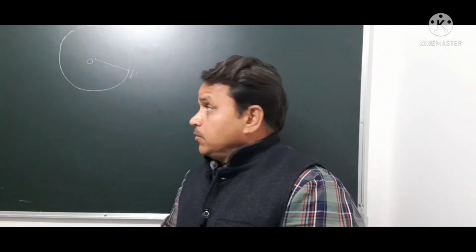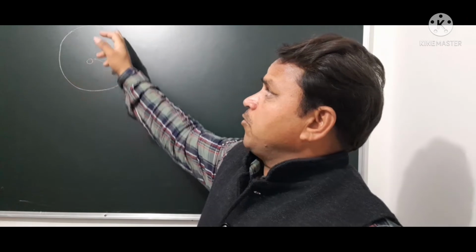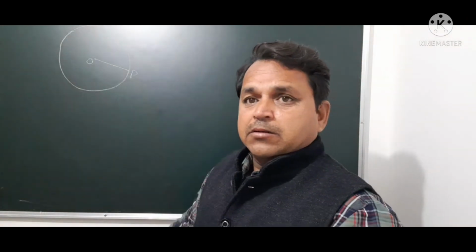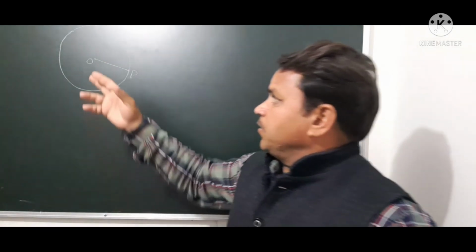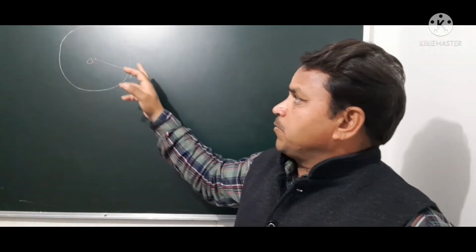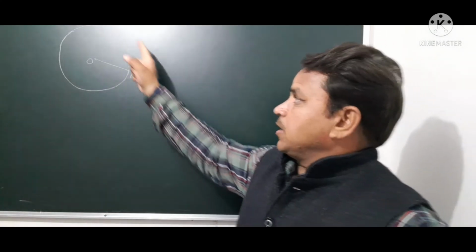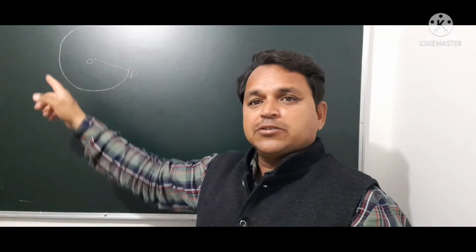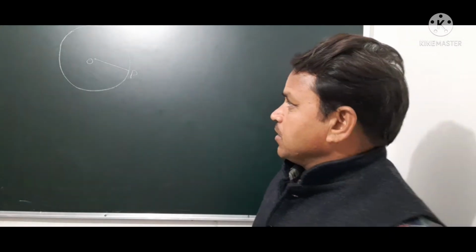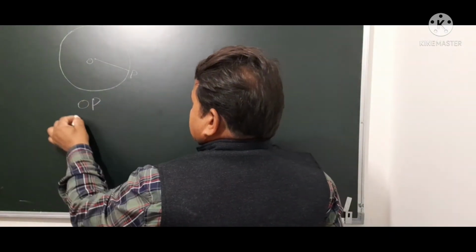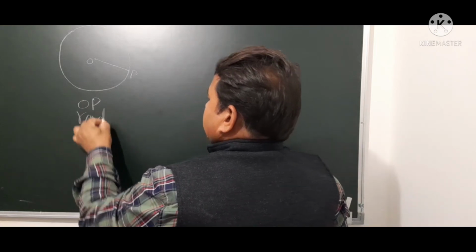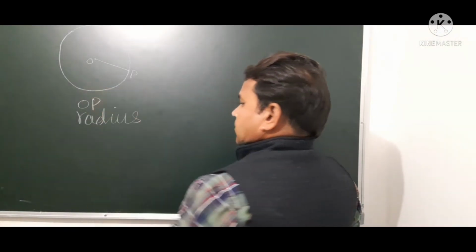So this fixed point from which all the points on the circle are equidistant is known as the center. You will know it very well already. In the same way, the distance from this fixed point to any point on the circle remains constant, and this distance is known as the radius. So OP is the radius of this circle.